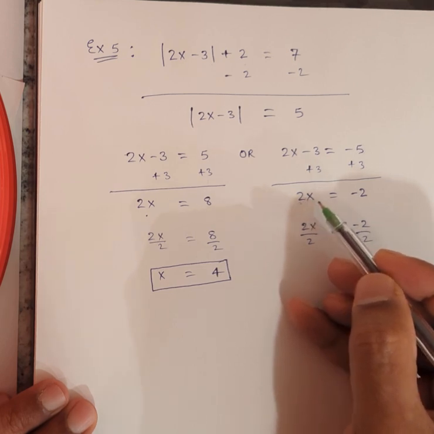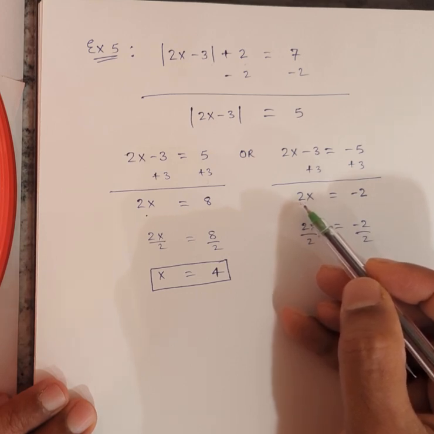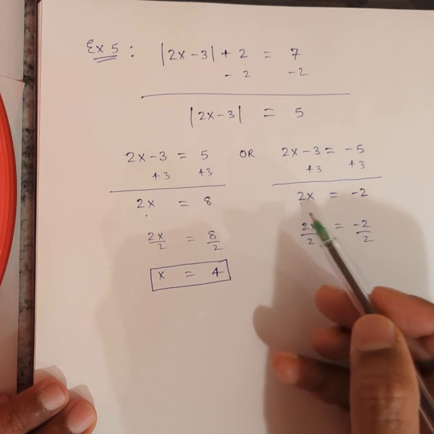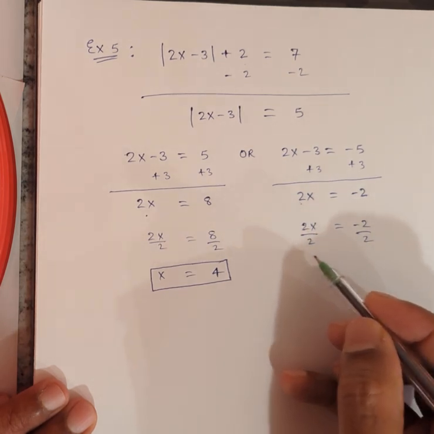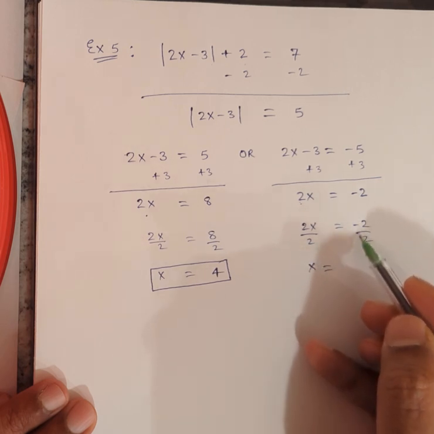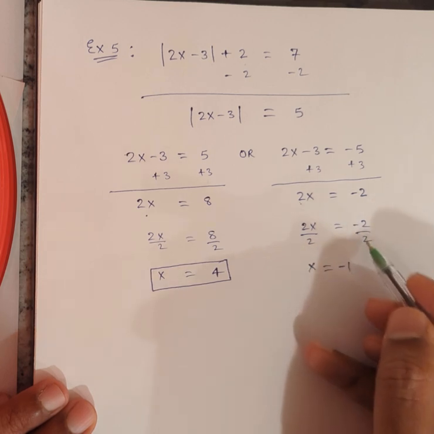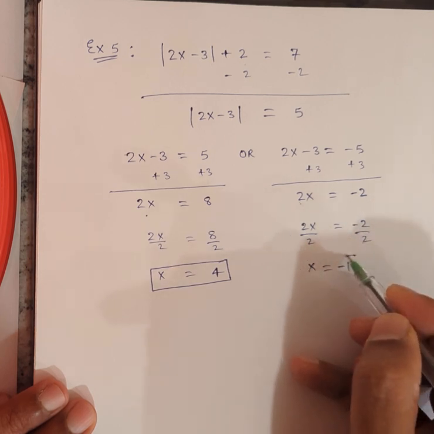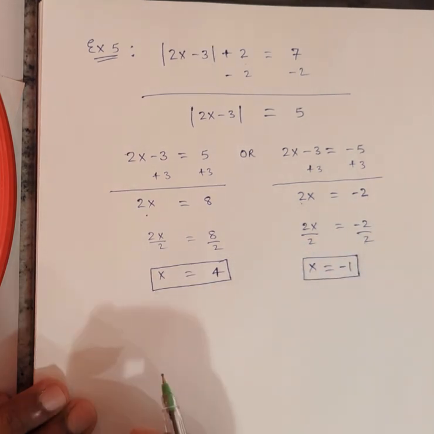And this 2 is multiplying with x. If you want to get rid of the 2, you would have to do the inverse of multiplication, which is division. So you divide both sides by 2. Then these 2's cancel each other out, leaving you with just x. And negative 2 over 2 is negative 1, because negative over positive is negative. So that's your second solution.